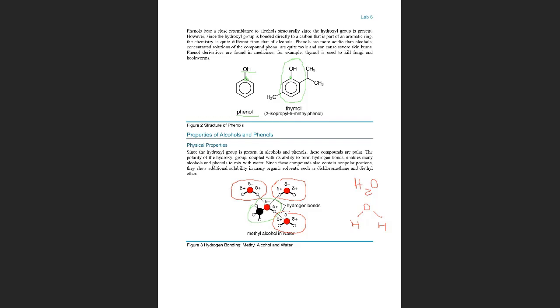So methyl alcohol is just 1 carbon, 3 hydrogens, and 1 hydroxyl group. So if you pay attention, the carbon is the circle in black. The little circles in white are the hydrogens. And here, the OH is this circle in red, the oxygen from the hydroxyl group in the methyl molecule.